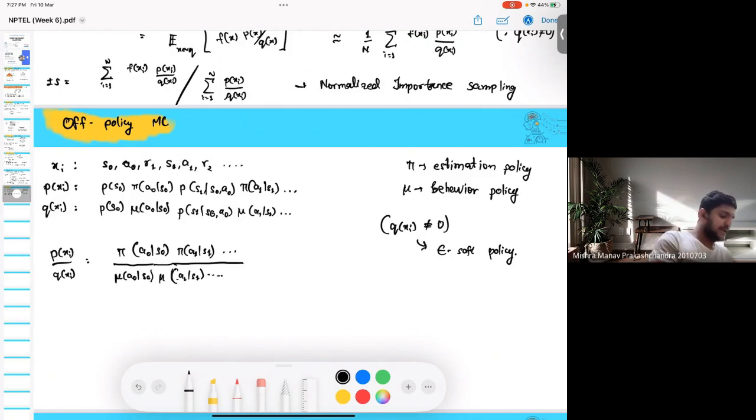And we can write it as a product for some time horizon t, of pi of Aj given Sj over mu of Aj given Sj.